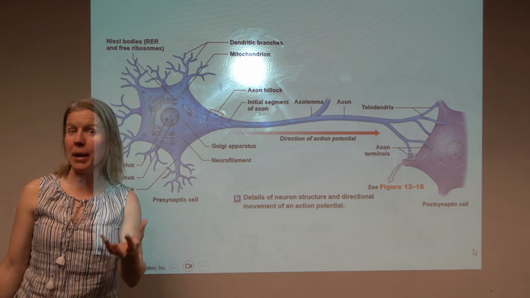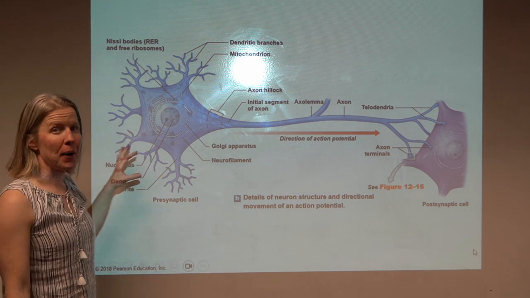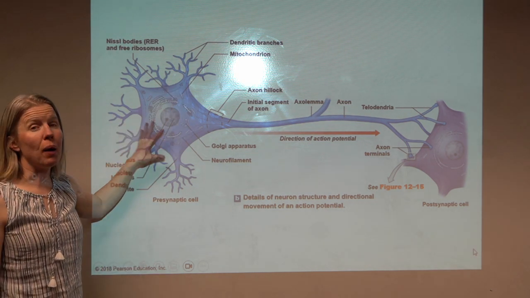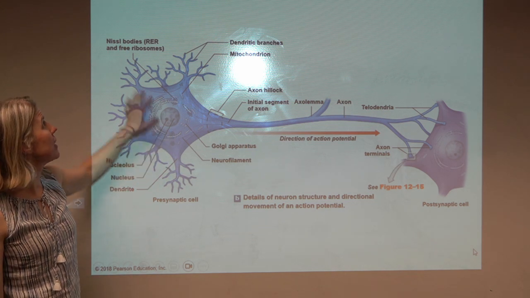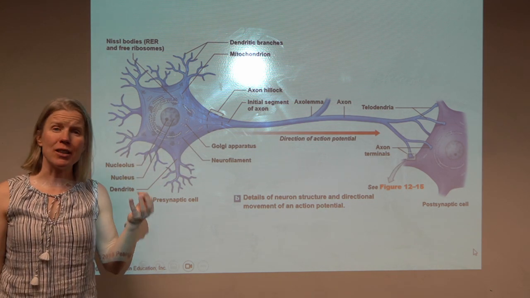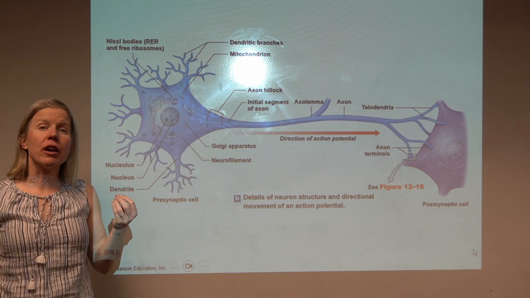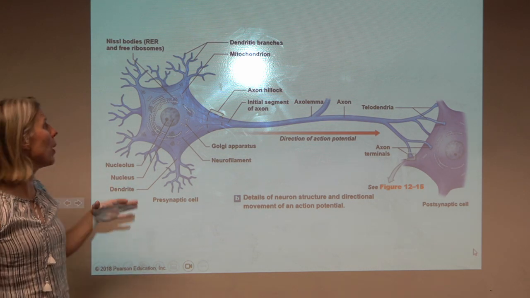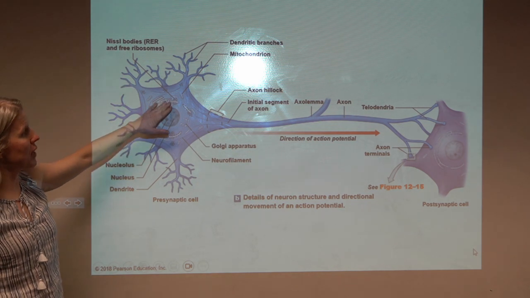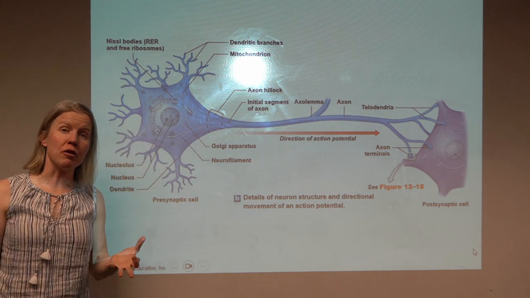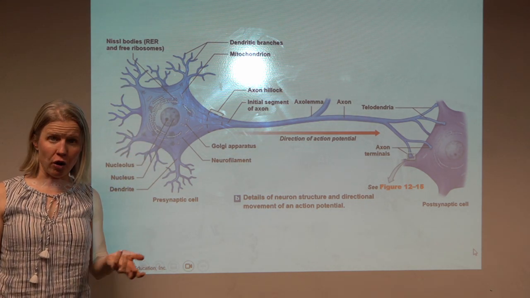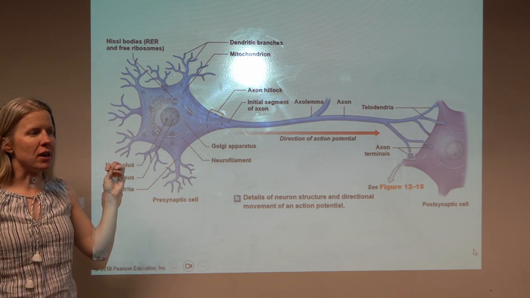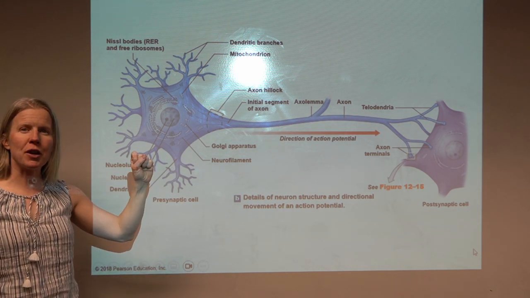So if you've heard of gray matter on the brain, right, it's going to be a lot of cell bodies. The reason it kind of stains gray are these Nissl bodies, and this is a lot of rough endoplasmic reticulum, some free ribosomes as well, but that really tells us that we are producing a lot of proteins in this neuron, right? Those might be neurotransmitters that we need to use.